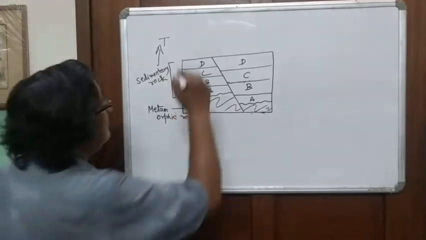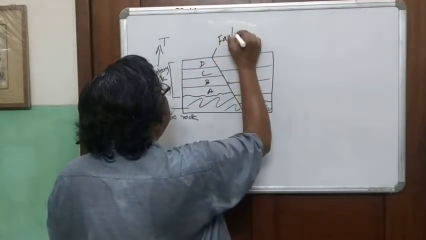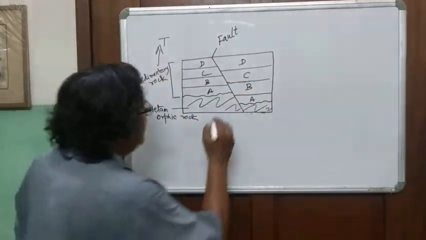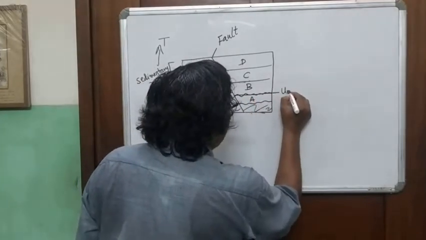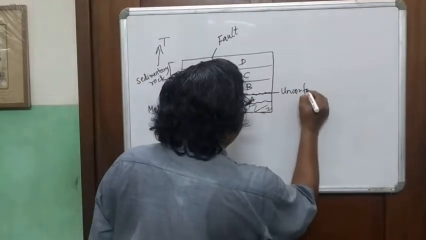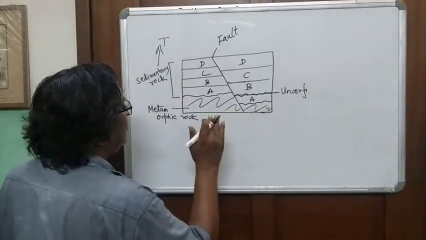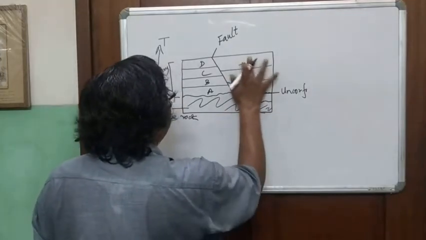What is this? It is a fault, because it just faults the rock. What is this? This is an unconformity. So it's below A and B. You've drawn it between A and B. Sorry, I am sorry.